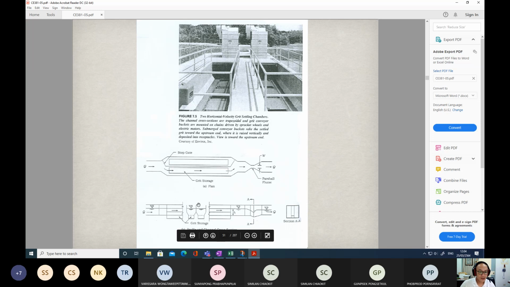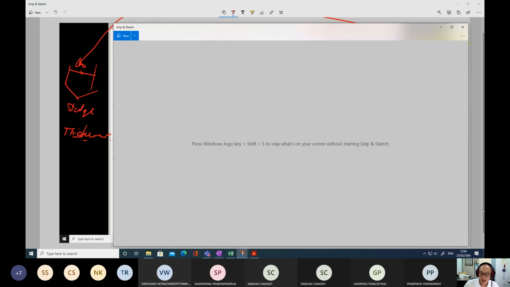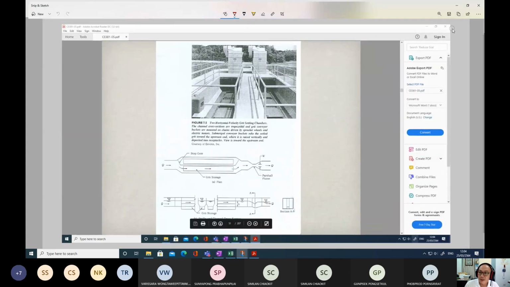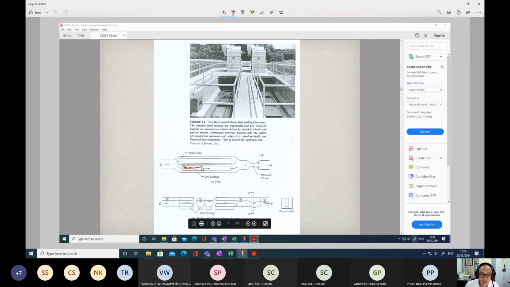That is why, according to this figure, you will find 2 units operated in parallel. Water just gets into the chamber like this, and then sedimentation will occur in the grit chamber. This is the grit. This is the sedimentation zone for the first chamber.